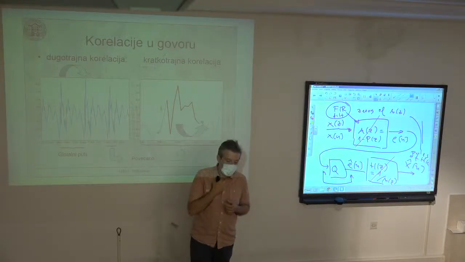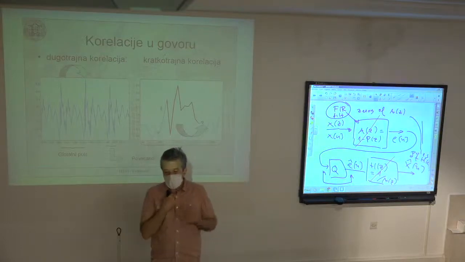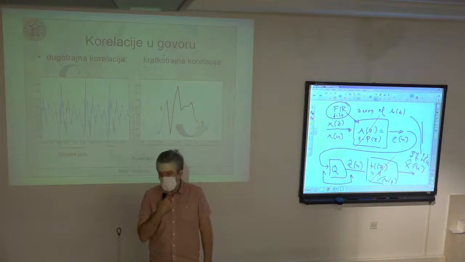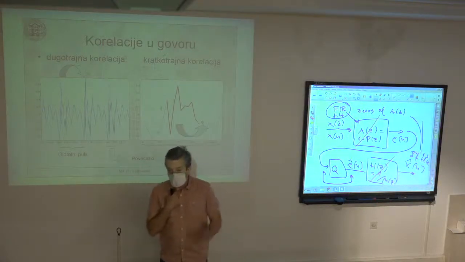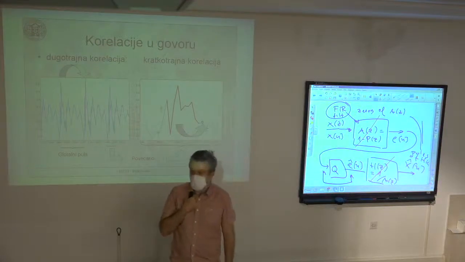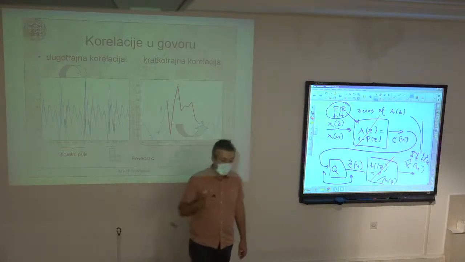B, B, P. With B, it is the vibrating case, so I have the periodic excitation. B, like boot or boat or whatever. But the corresponding pair is P, like pair or peer or whatever. So this P at the beginning is the unvoiced pair of B.